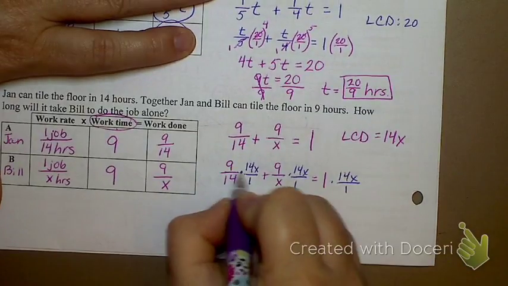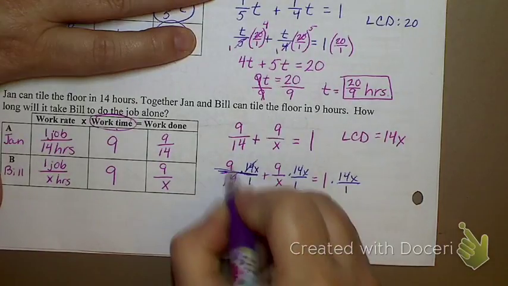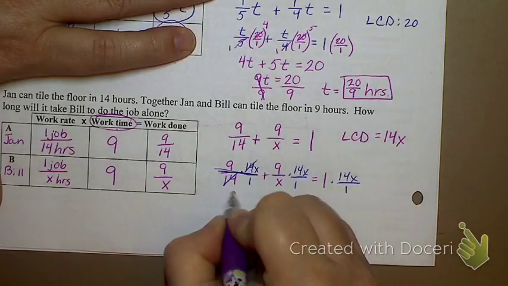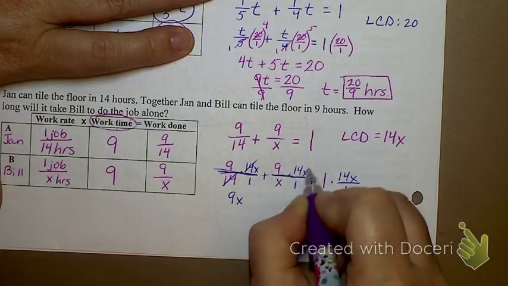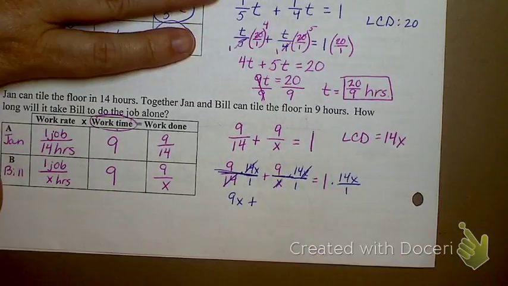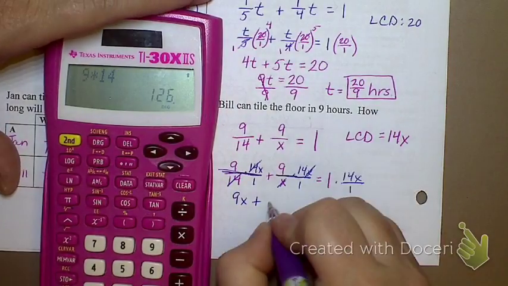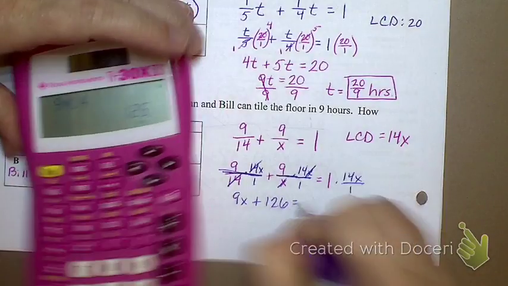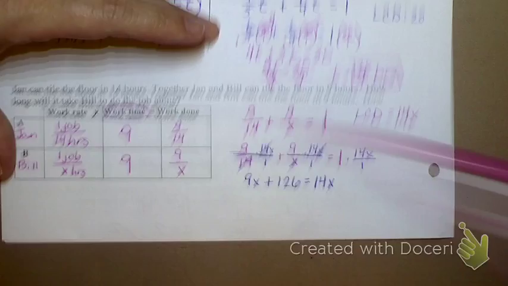So, in my first one, what cancels? 14, so I'm left with 9x. In the second one, what cancels? X's. So I need to figure out 9 times 14. 126 equals 1 times 14x. 14x.